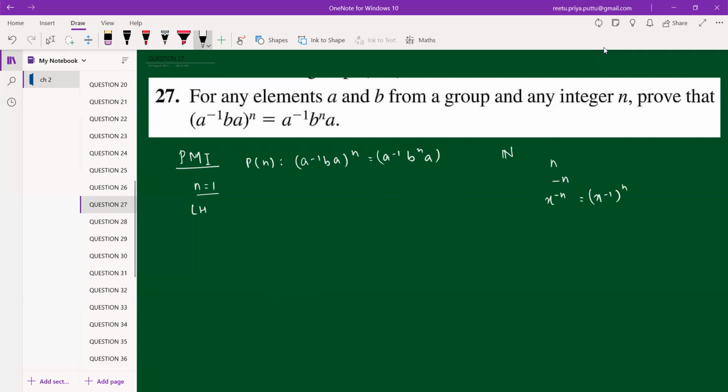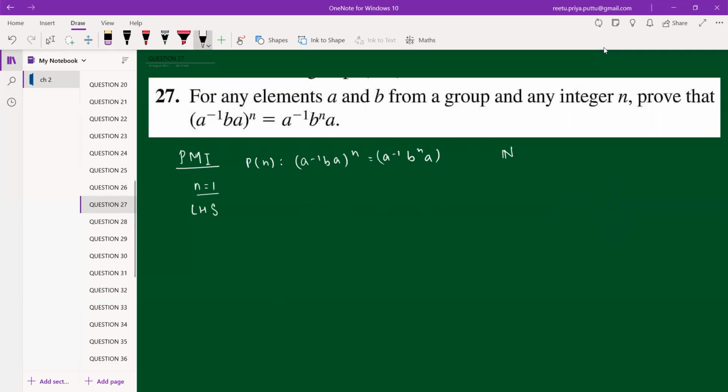And if x is in the group, then x inverse must be in the group, and we represent x inverse with some element y, and we write y to the power n, and this becomes again a positive integer, and now we are able to use the formula. So this is how integers work with the principle of mathematical induction in our group. So we will do this.